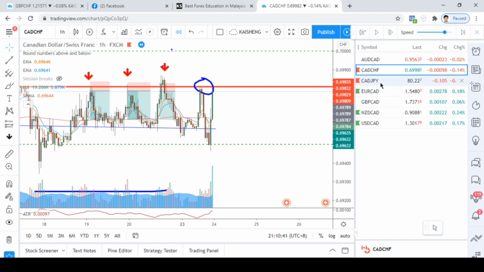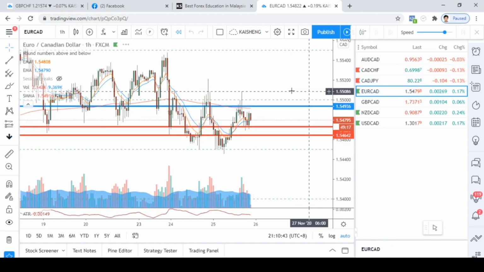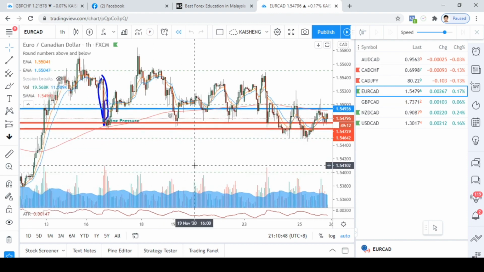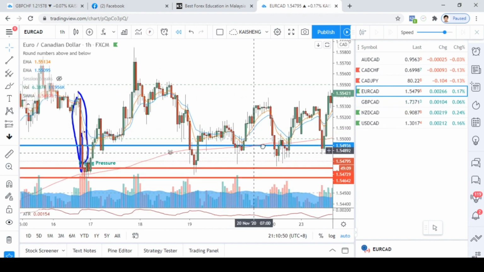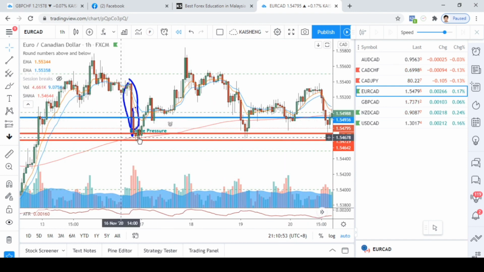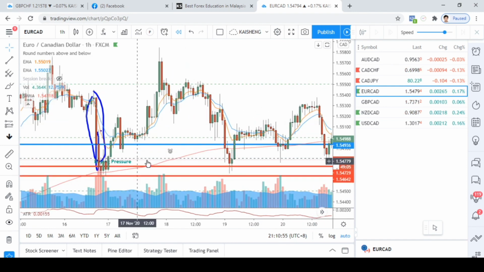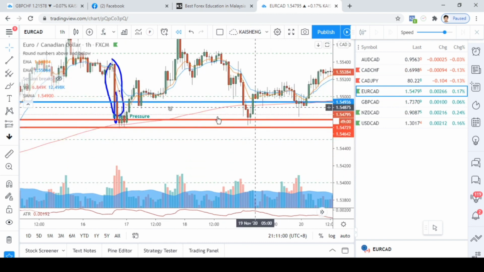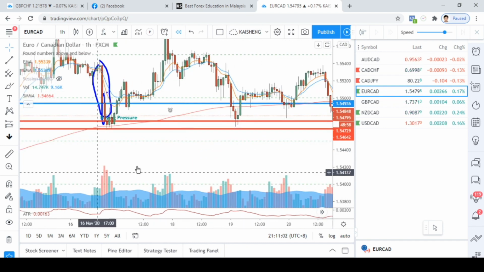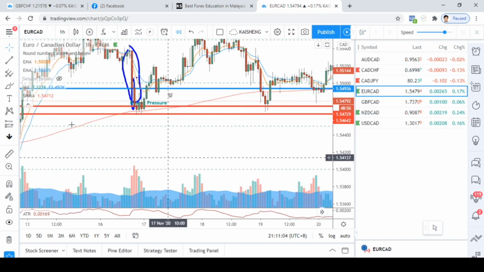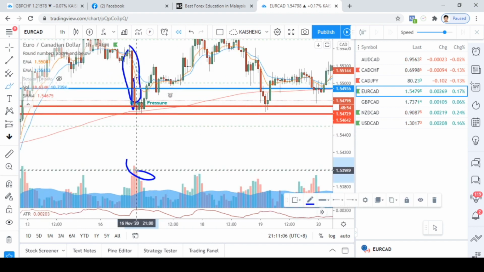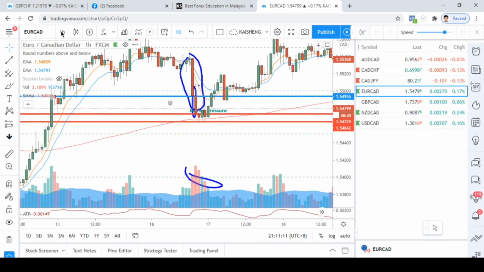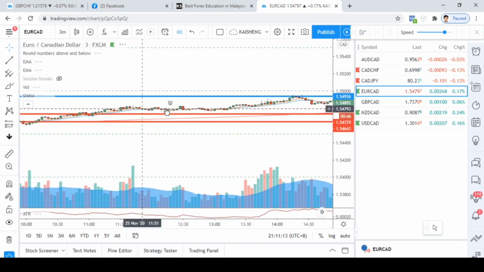Okay, do you want to see another example? Another example. This is the level I drew. This is when I do my analysis, then I draw on the chart. You can see here this is the highest volume. When I mark here, then go down to the smaller time frame.